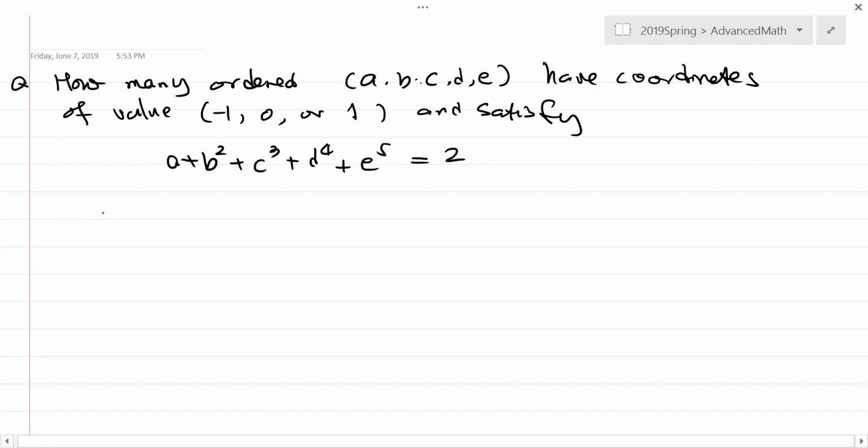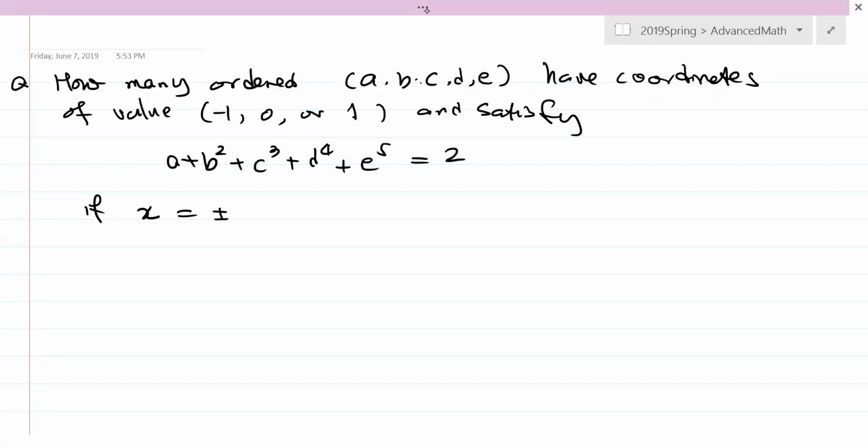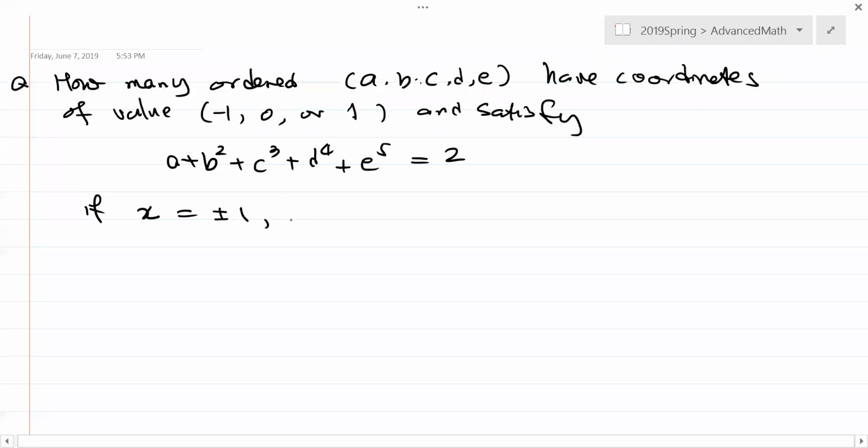What I should note is that if x is plus or minus 1 or 0, then the other powers are still the same as x, except the even powers.